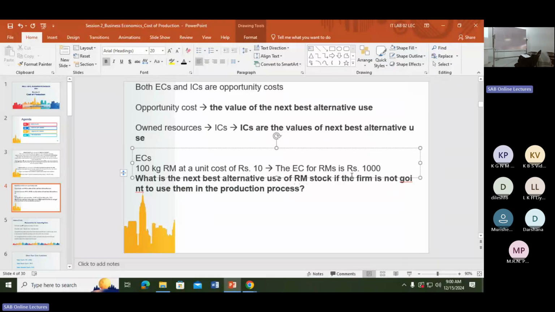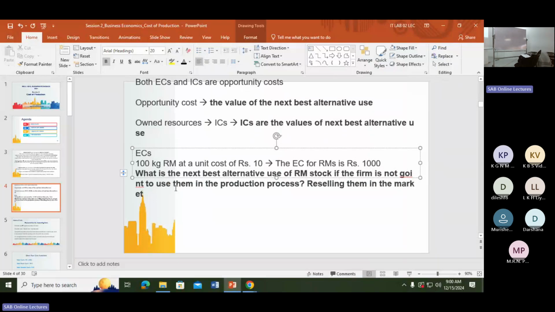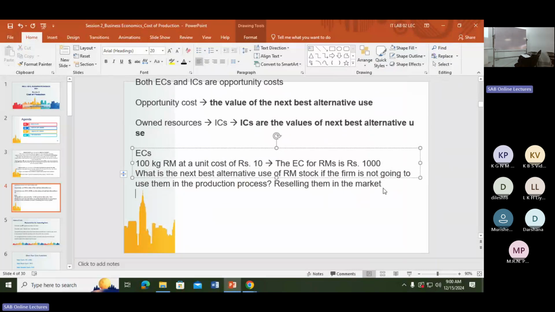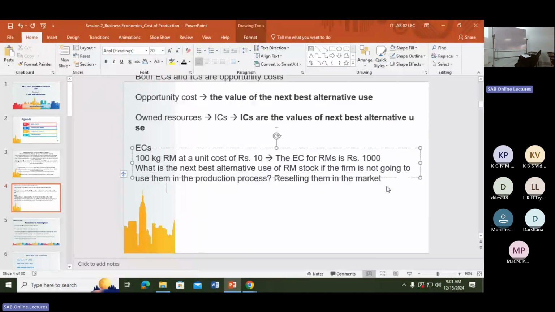Selling them in the market, reselling them in the market. That is the next best alternative use of the raw materials they have already purchased. By reselling them in the market, how much can they earn? They can earn the same value. They can earn 1,000 rupees.